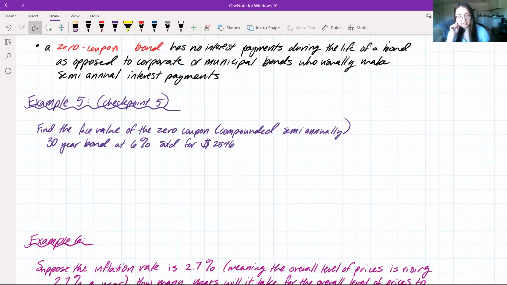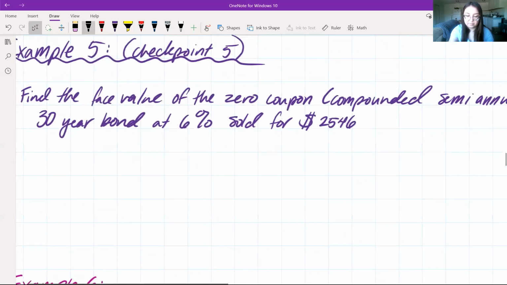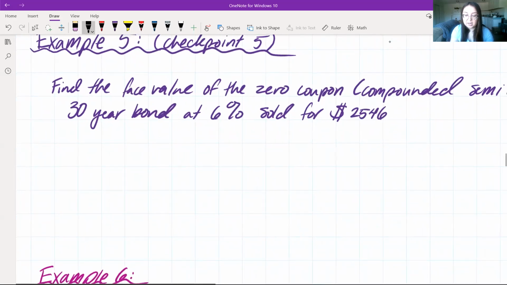All right. So for example 5, we're going to find the face value of the zero coupon compounded semi-annually 30-year bond at 6%, sold for $2,546. So we're going to use our equation that we had before, where we had A is equal to P times (1 plus I) to the n power.